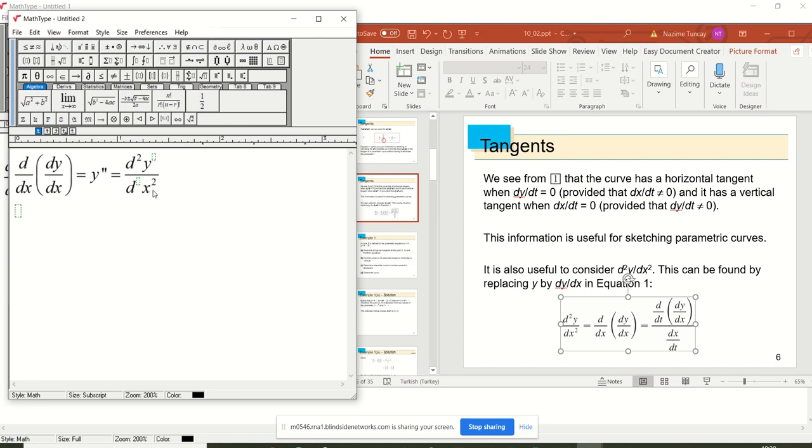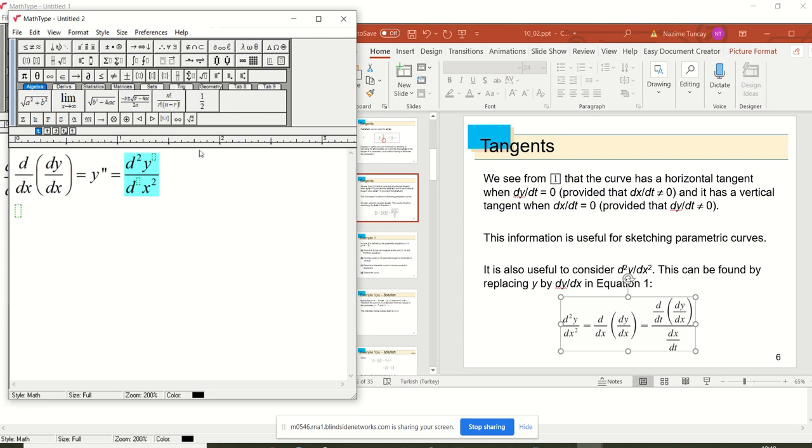It may be confusing, that's why I am repeating it so you understand it truly. Most of my students mix this up. I'm repeating, this is just the representation of the second derivative.